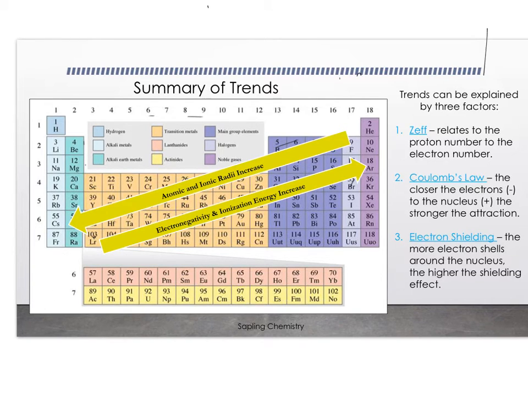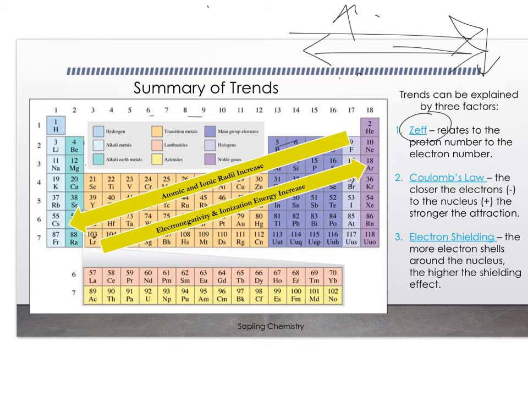And all trends can be explained by 3 factors. Your effective nuclear charge represents the trends going across the periodic table. As you go from left to right, you're increasing the effective nuclear charge by adding more protons to the proton-to-electron ratio. You don't change any of the shells, so you're not affecting the electron shielding going across, but you are increasing the attraction between the more positive nucleus and the outer electrons.